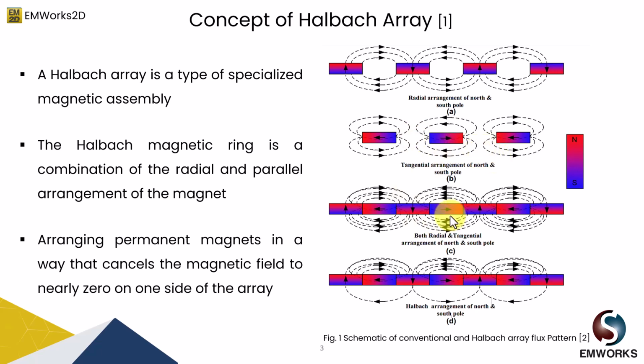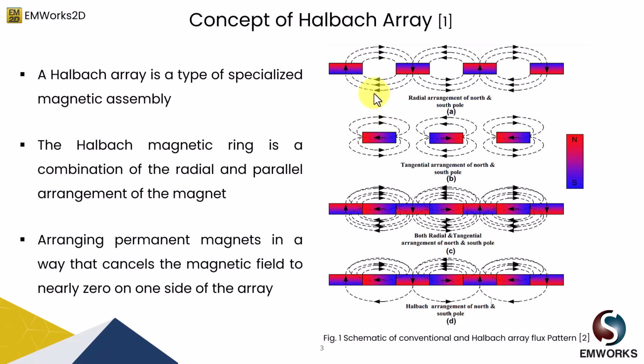Now what if we combine both of these arrangements? So the third option is to combine the radial arrangement and the tangential arrangement of the permanent magnets. Instead of these blank spaces between the radial arrangement, if I just insert a tangential arrangement of the magnet, it will look something like this, which has been shown in figure C. So we will have a flux which is getting added on the top part of the magnet, as it is all in the same direction.